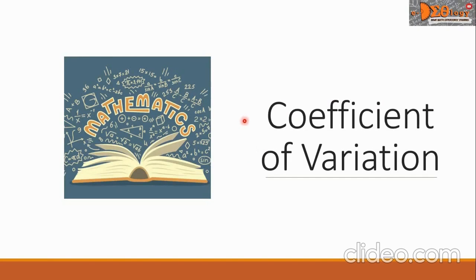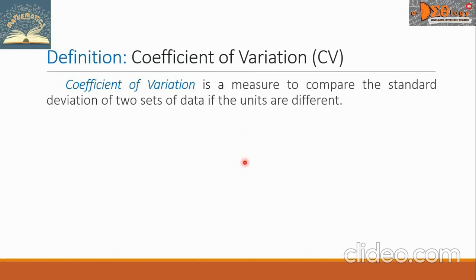Today we're going to study coefficient of variation. Let us define coefficient of variation, denoted by CV. Coefficient of variation is a measure to compare the standard deviation of two sets of data if the units are different.